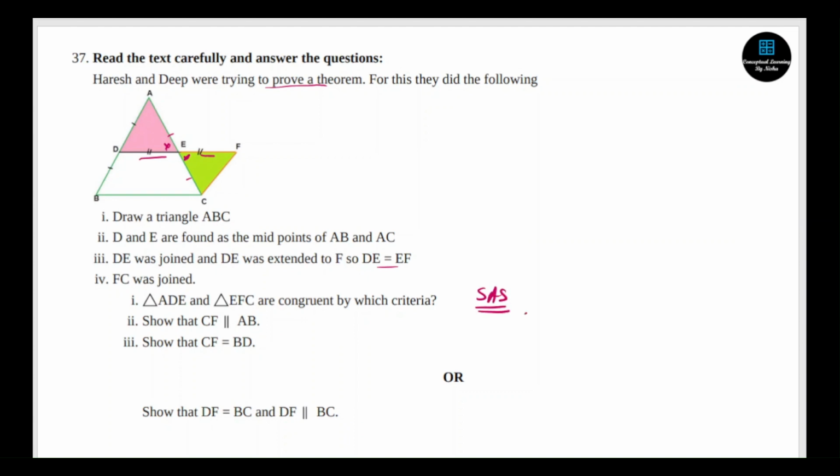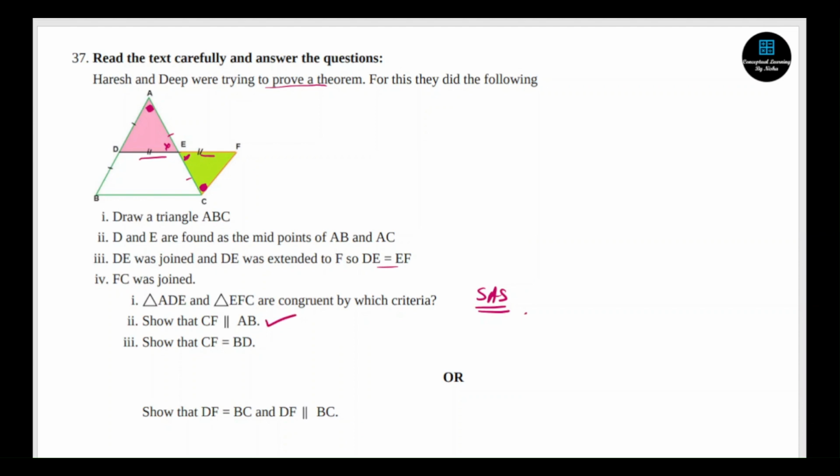Now show that CF is parallel to AB. So by CPCT, correct, by CPCT you will get this angle ECF, this angle congruent to this angle. So therefore this is parallel to this.